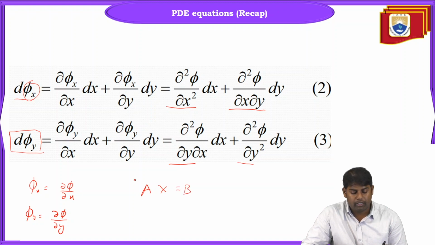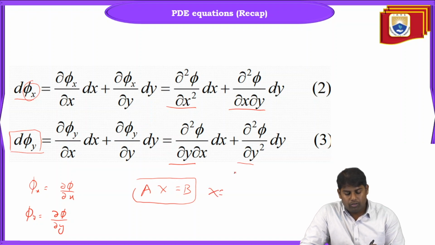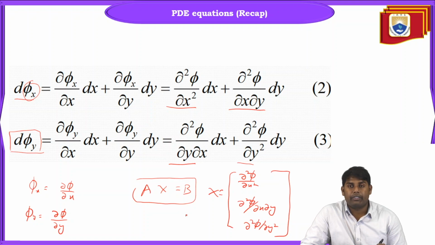Okay. So here the x matrix will have three terms: ∂²φ/∂x² is the first, ∂²φ/∂x∂y is the second, and ∂²φ/∂y² is the third. So this is the x matrix, the variable values which we need to find.